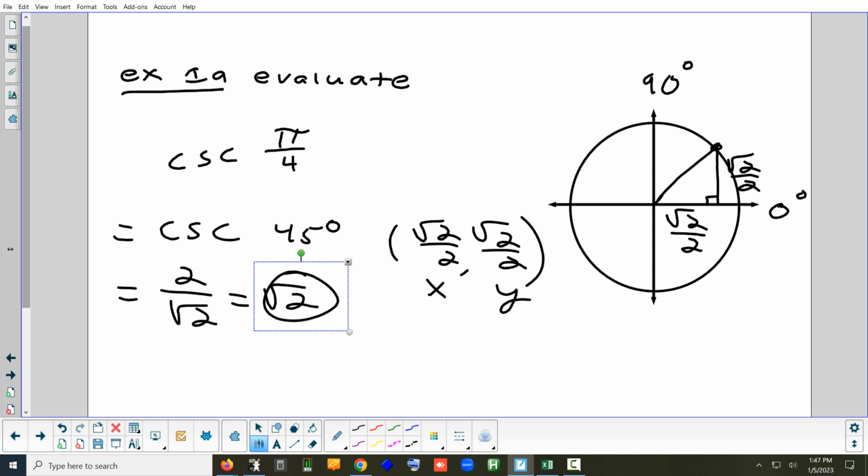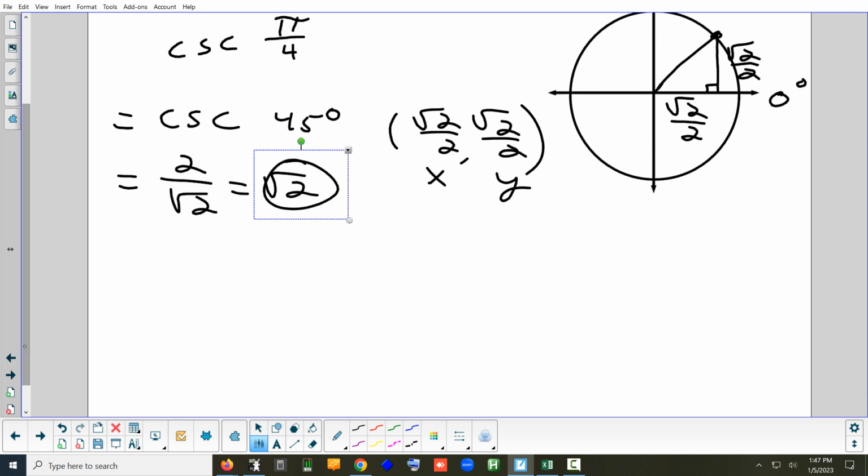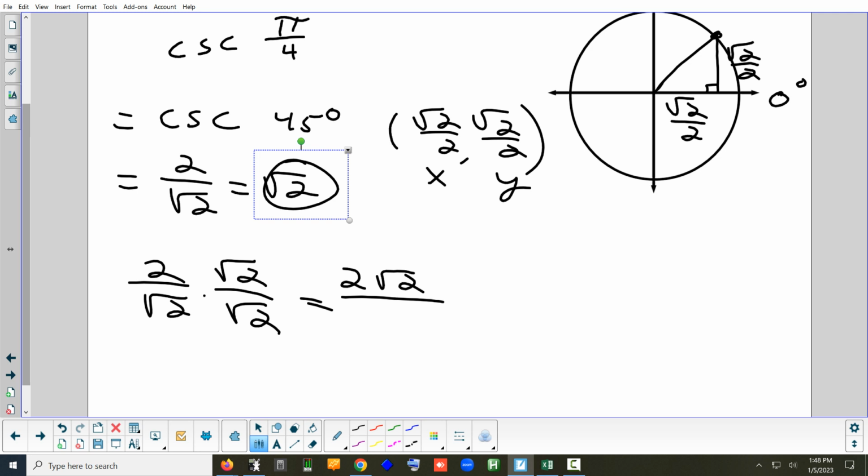Can you show me how we got the square root of 2? Yeah. If you take the original answer, and you don't want to leave the square root in the bottom, multiply the top and the bottom by the square root, and then go straight across. In the top, it's 2 times the square root of 2. And the bottom is square root of 2 times square root of 2, which is square root of 4.